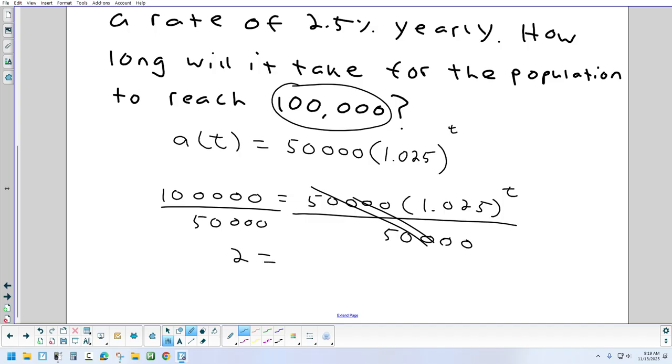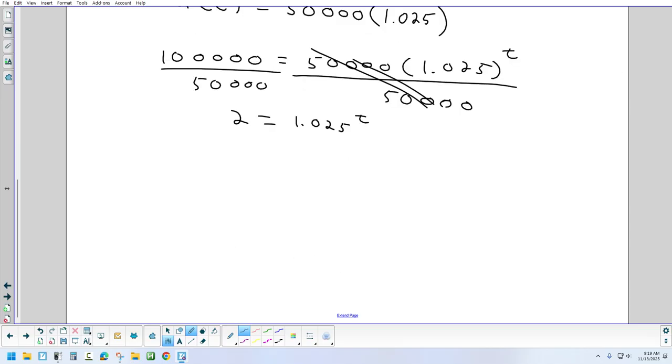And we get 2 equals 1.025 to the t. We've got a variable in the exponent. So what could we do with that equation to try to get it in a format we can get t by itself in?